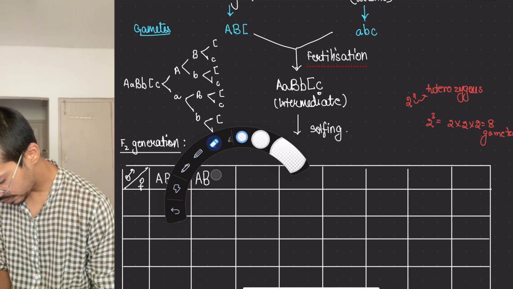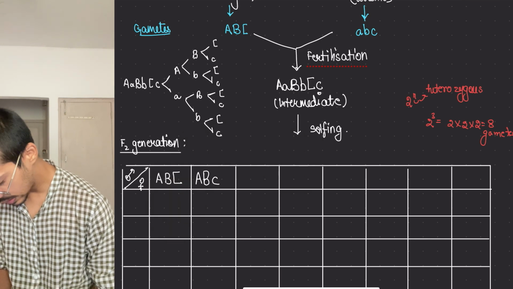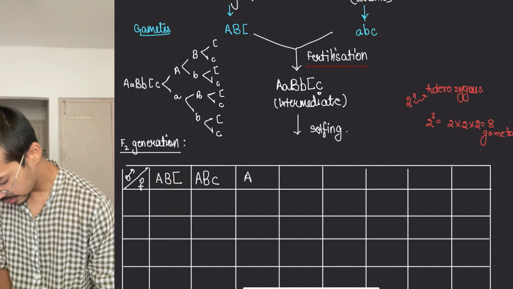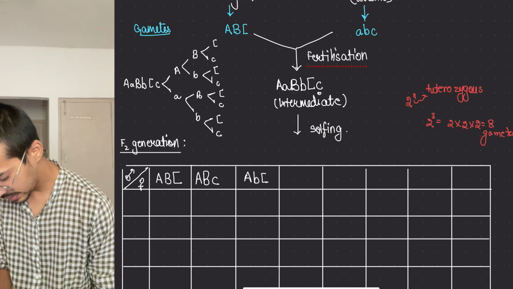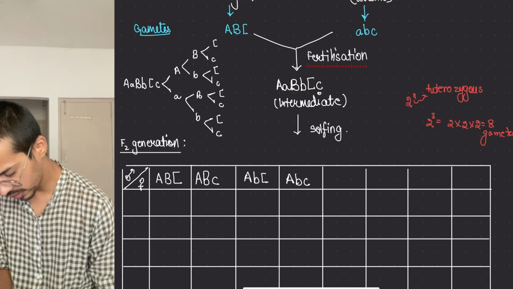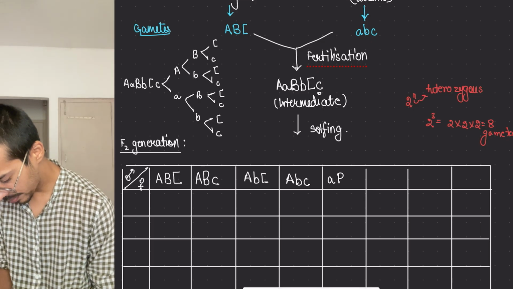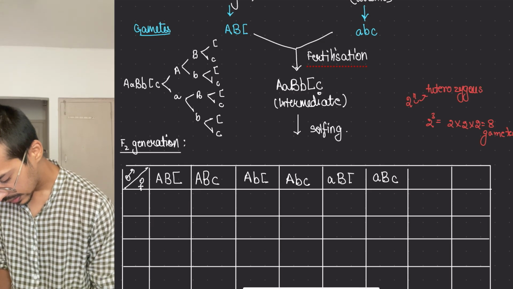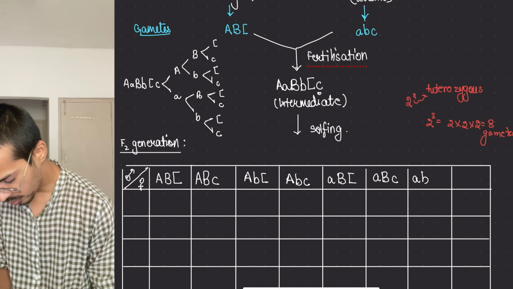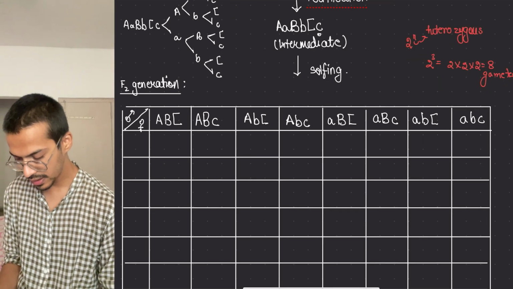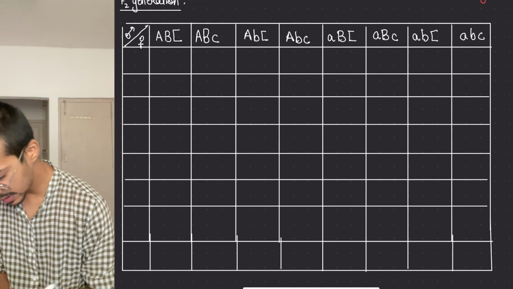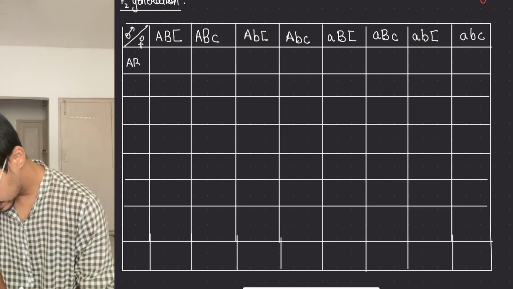I will write it as such. Then A, small b, capital C, A, small b, small c. Then small a, capital B, capital C, small a, capital B, small c. Then small a, small b, capital C, small a, small b, small c. Okay, so the same gametes would be on the other side. So this is the other side.